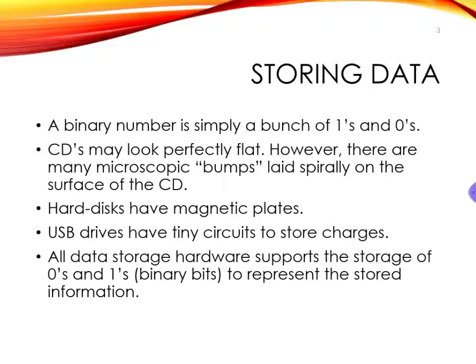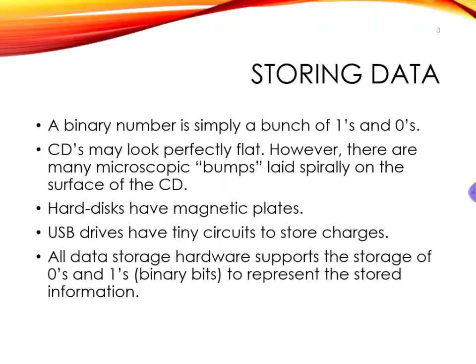For example, if you look at a CD, it looks exactly flat, right? It looks a perfect flat disk. However, there are microscopic ridges in the CD which hold these zeros and ones in the form of binary data. Hard drives that you have in your computers have magnetic plates which store the binary ones and zeros in the form of magnetic charges.